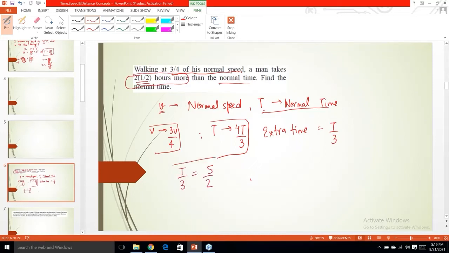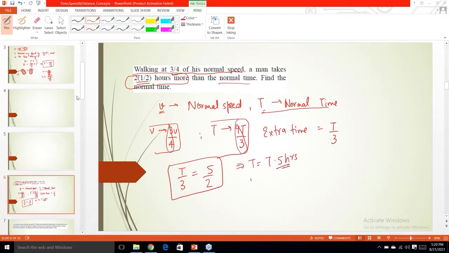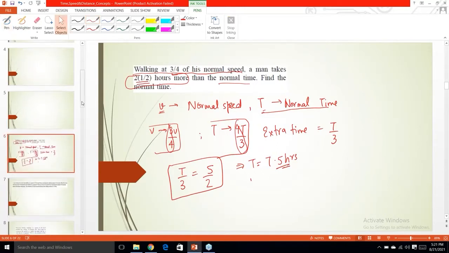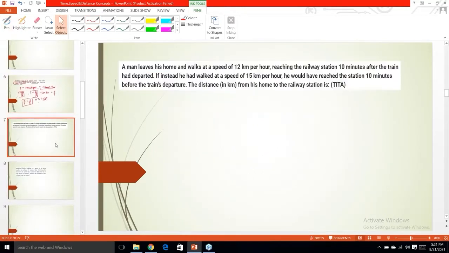Which is what we got using the previous method also, but we got it very quickly. So from here also, you can see that T is nothing but 7.5. Clear? So let's see another question.